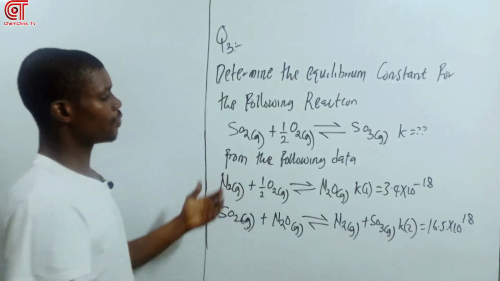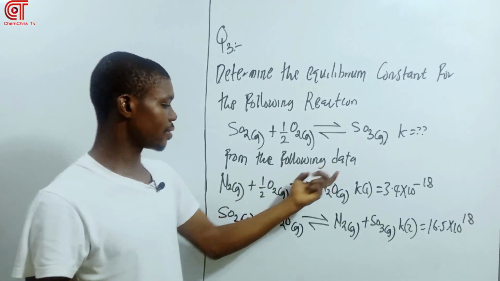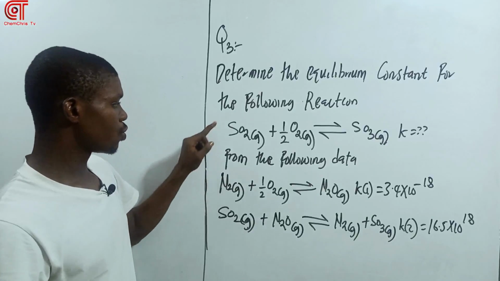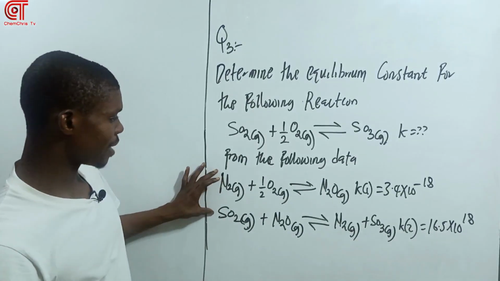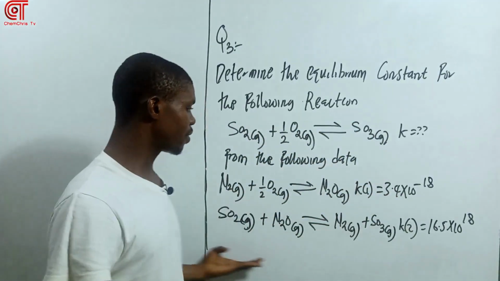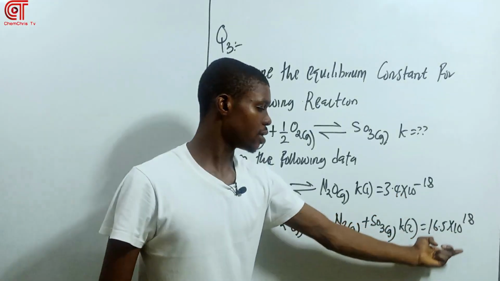Determine the equilibrium constant for the following reaction from the following data. You are combining these two reactions to get this one. Each of the given equations has its own different Kc value.